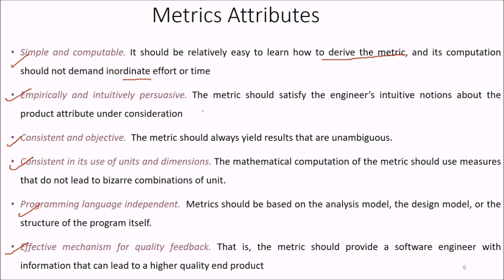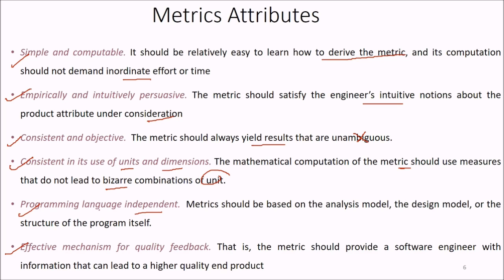Empirically and intuitively persuasive means the metric should satisfy the engineer's intuition, what he may think about the product attribute under consideration. Consistent and objective means the metric should always yield results which are unambiguous. Consistent in its use of units and dimensions means the mathematical computation of the metric should use measures that do not lead to bizarre combinations of units.